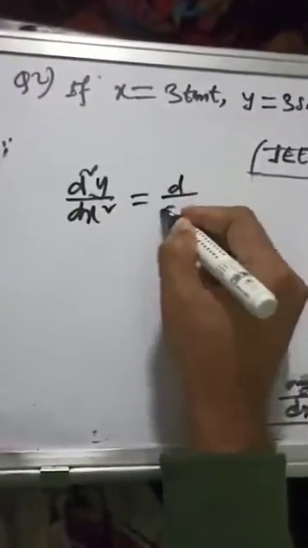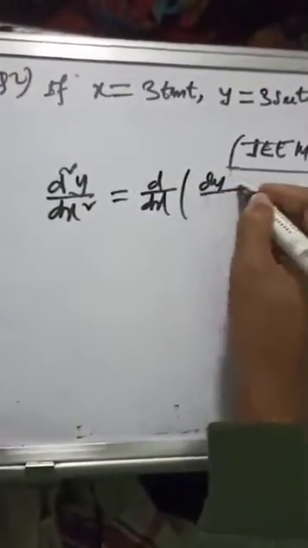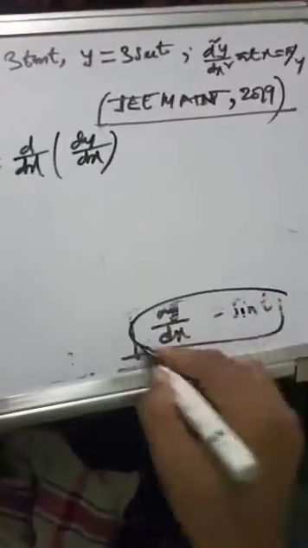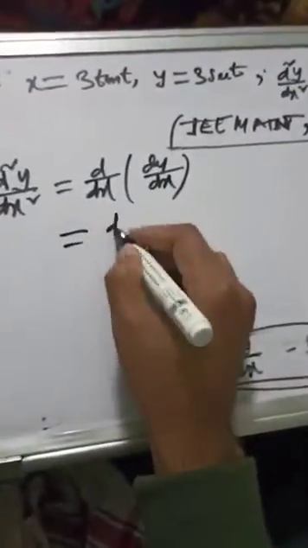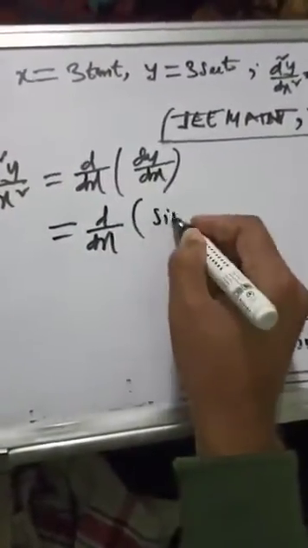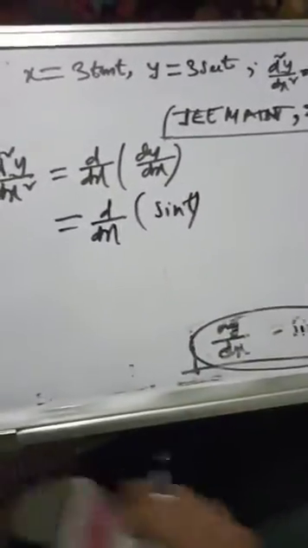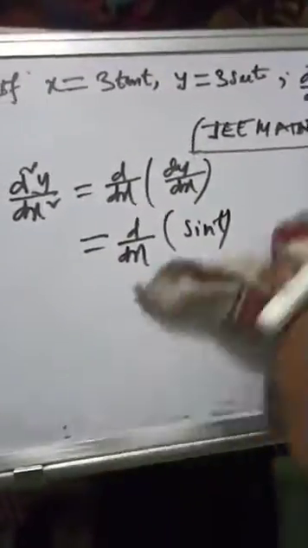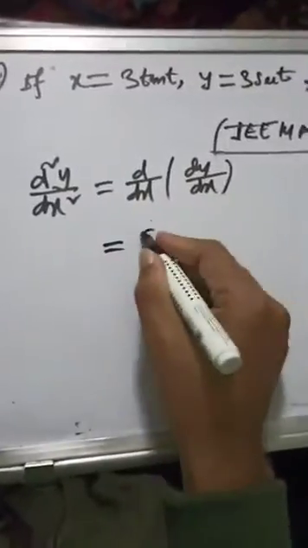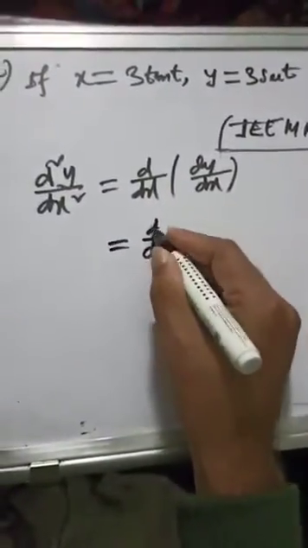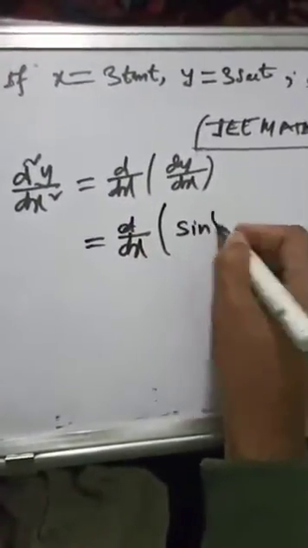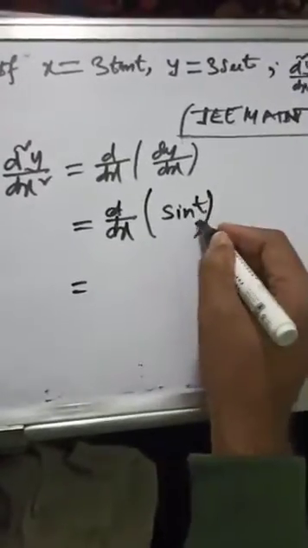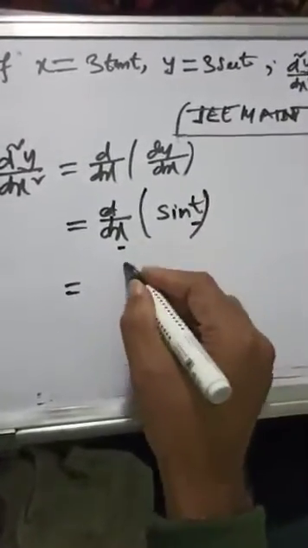Now we have to find d2y/dx2. dy/dx equal to sin t, right? So d/dx of sin t. Here the function is in t, and x is a function of t, so it is not possible to differentiate directly.